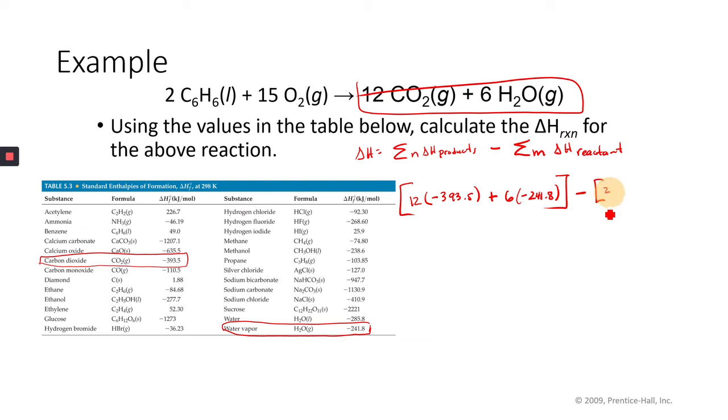So my reactants, I have 2 C6H6 which is benzene. Nasty chemical. So 2 times 49.0 plus 15 times oxygen, which is 0 because it's in its standard state.